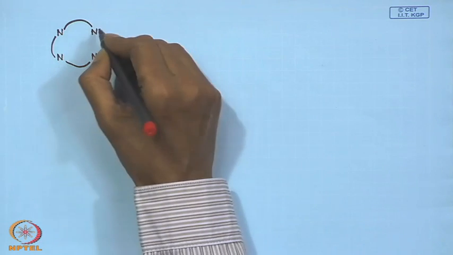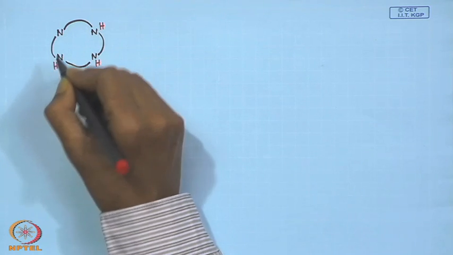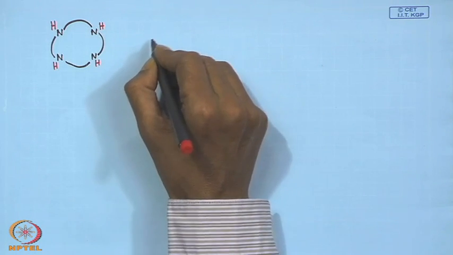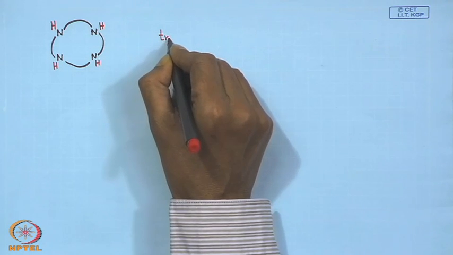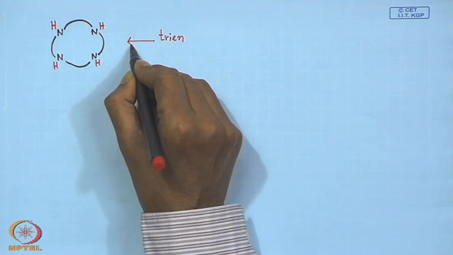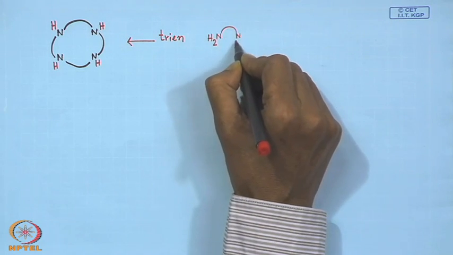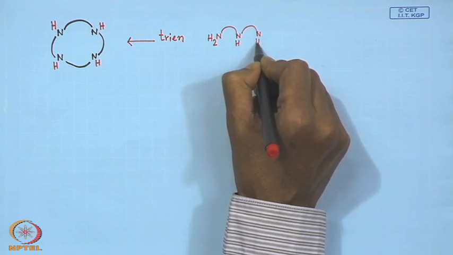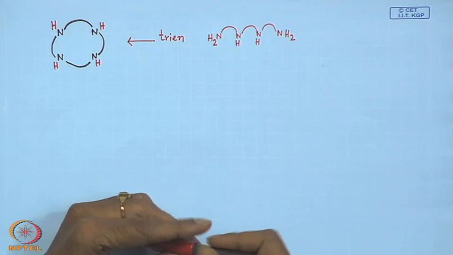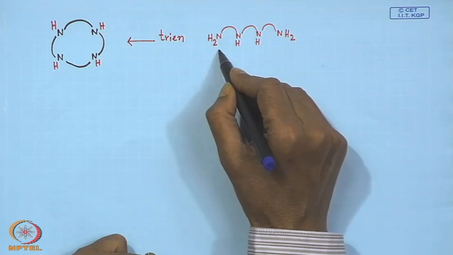This can be derived if these are all NH, like getting taken from diethylene triamine. So, this can be obtained if we consider the triene backbone. The triene was NH2, NH, NH and NH2. So, the only thing is that this particular backbone has to be connected.